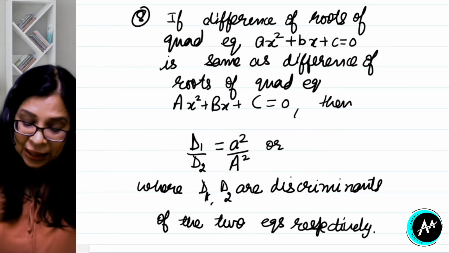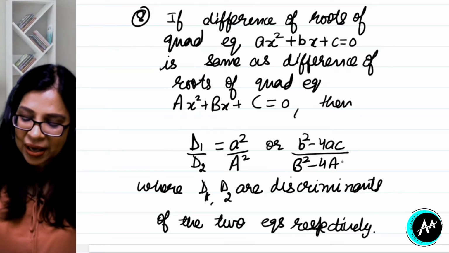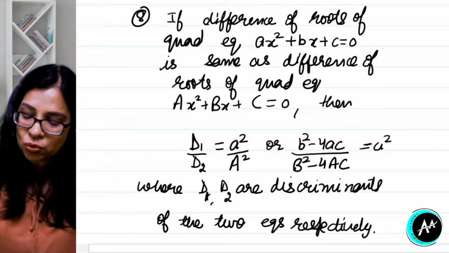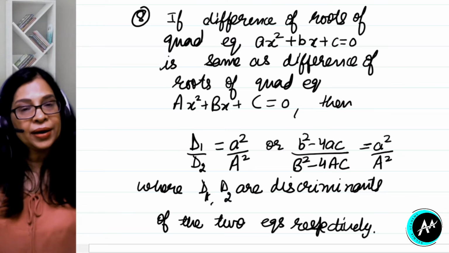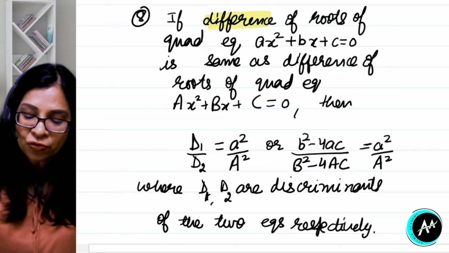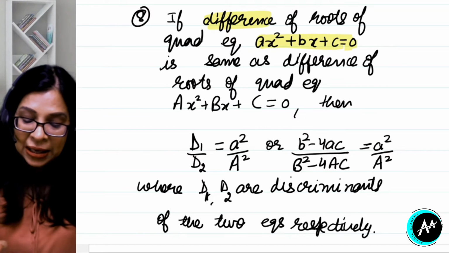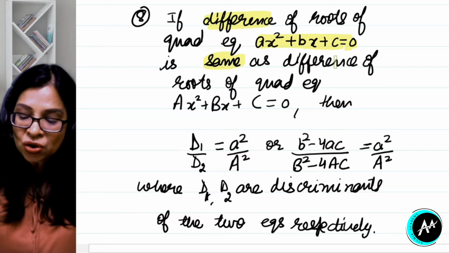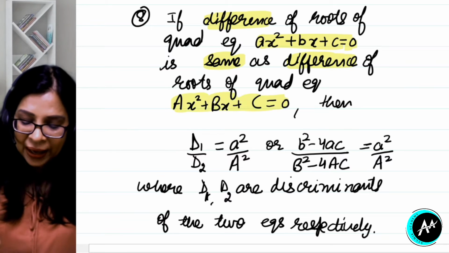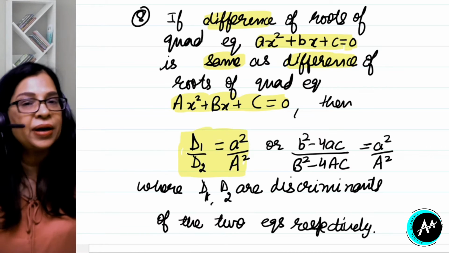So d1 would mean b square minus 4ac with small letters and d2 would be capital B square minus 4 times capital AC. This would be equal to small a square upon capital A square. So we are saying that if the difference of roots of this equation ax square plus bx plus c equal to 0 is the same as the difference of roots of this equation, then I have this condition d1 upon d2 is small a square upon capital A square, which can be written of course like this.